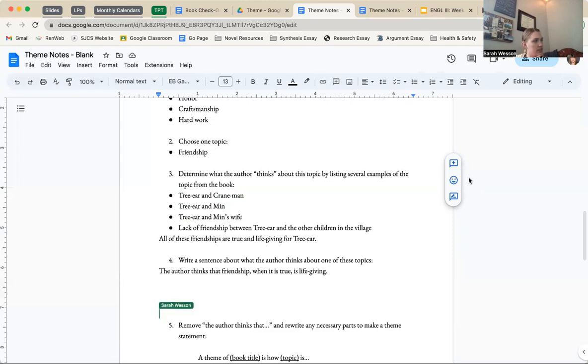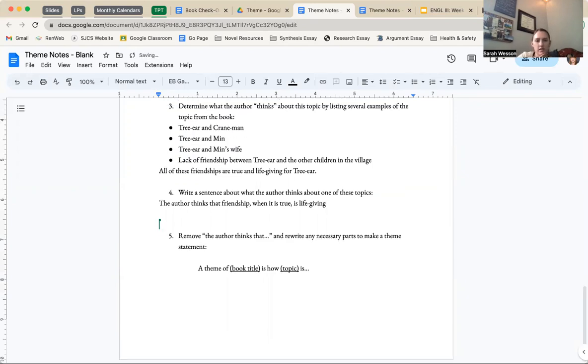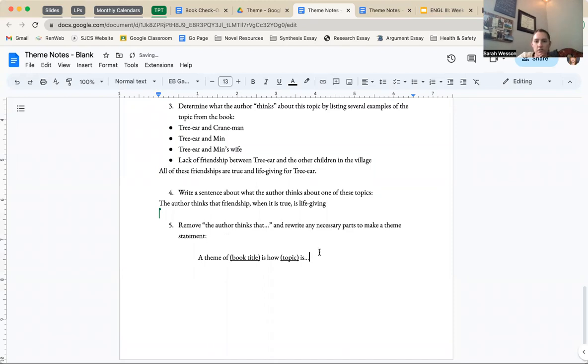Great. All right. Last step here. We are going to change this sentence around just a little bit to make it a theme statement. All you need to do is use this sentence stem that I already provided for you. You're going to remove the author thinks that from this sentence here, and put it into this sentence stem here. So take a couple minutes and do that, and then I will write that on the screen for you.